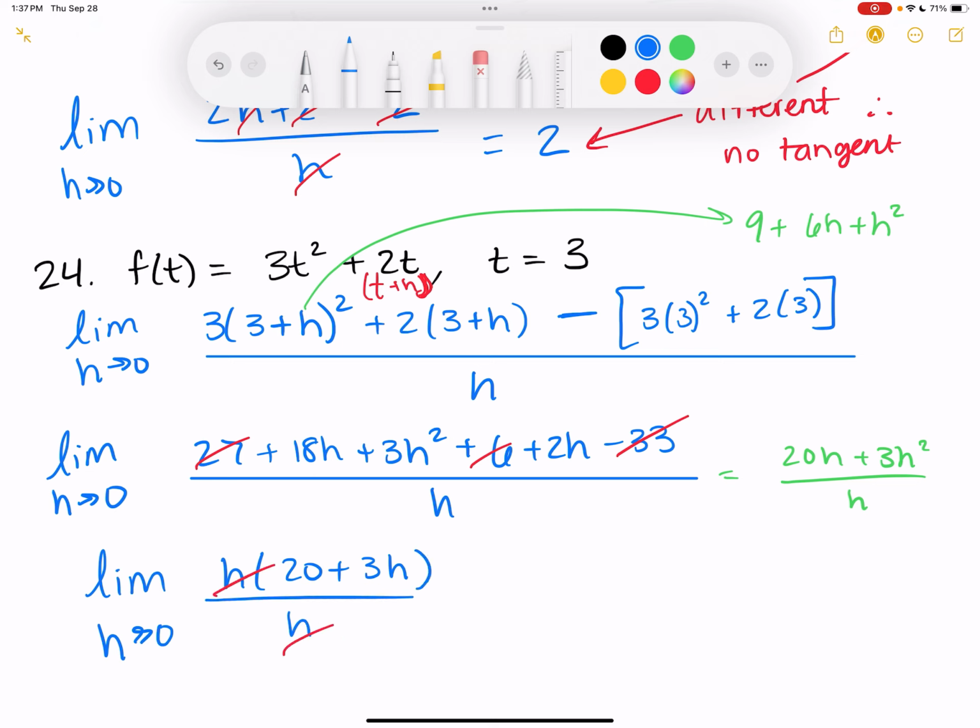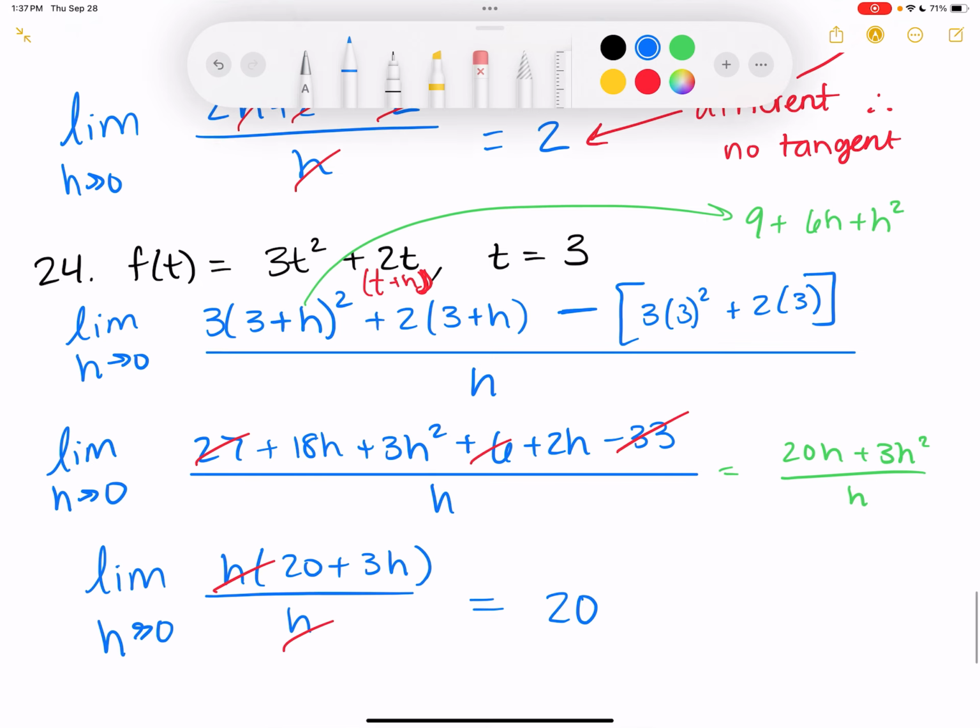The h's cancel, and so I'm left with 20. And remember, because these are instantaneous rates of change, they have units, which is feet per second. And now I should say they have units because units were given to us in the question.